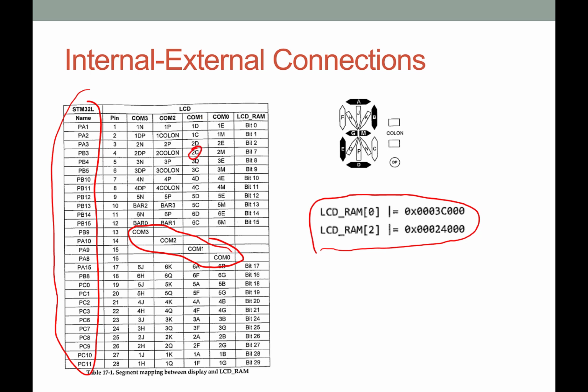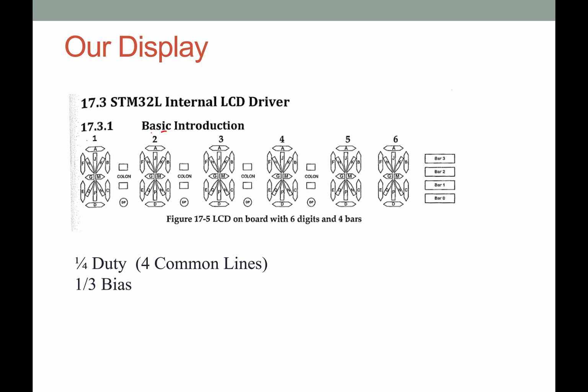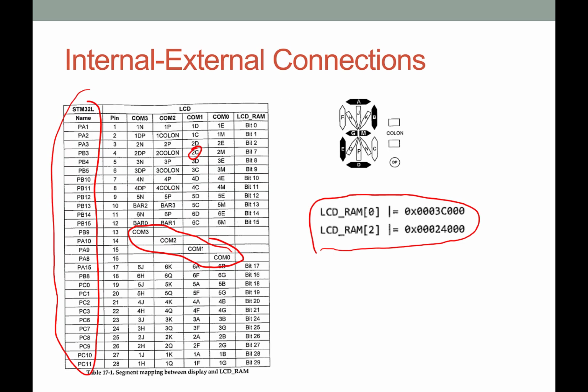They mean by 2C this second digit, C. So the 1 through 6 is telling you about the different digits of your overall LCD, and then the letter is talking about the specific segment on the particular digit.